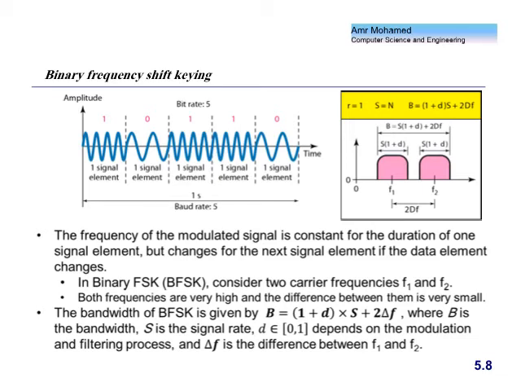So FM tends to have larger bandwidth, but better quality. So by increasing 2 delta F, I'm essentially increasing the bandwidth, but at the same time, I'm enhancing the quality of reception. What is the minimum value for 2 delta F?